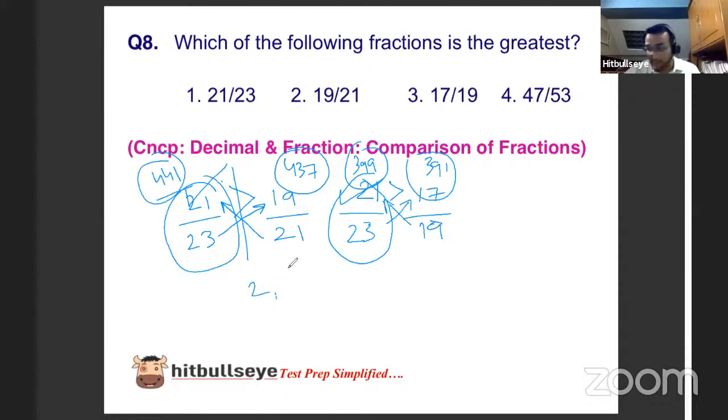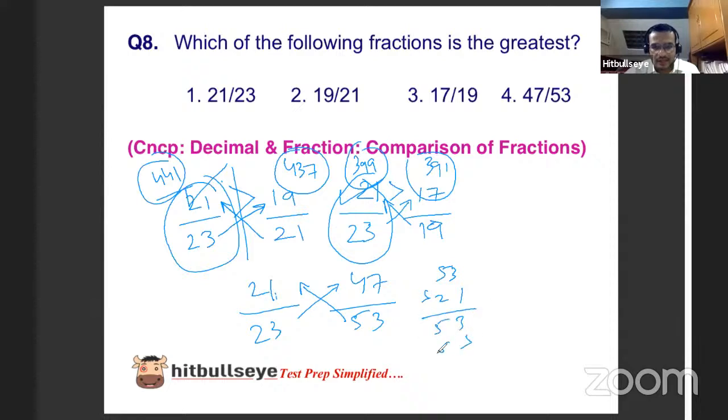If that is done, I'll get my answer. Which of the two is the greatest of all? 21 by 23 and 47 by 53. I'll again do the cross multiplication. 21 into 53, as I can see, the number is itself coming higher. Let's check that: 1113.